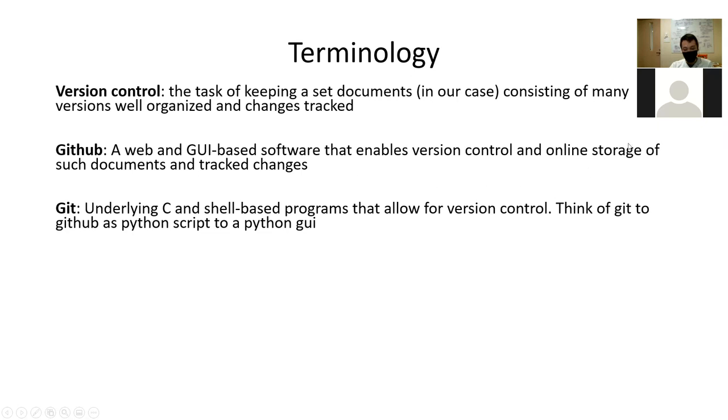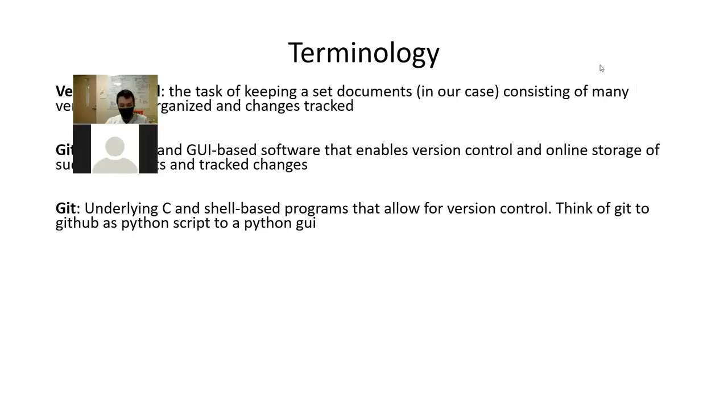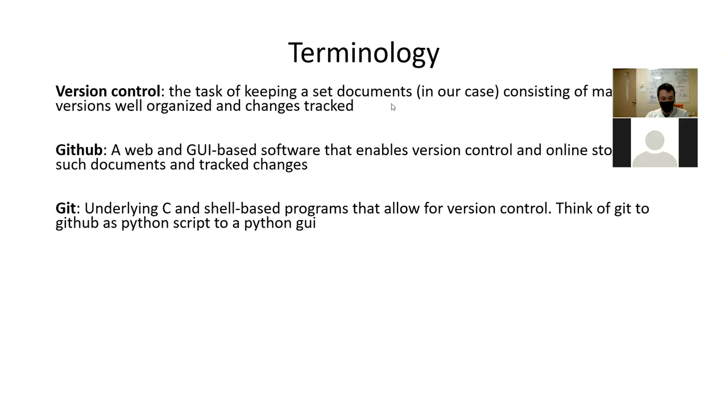So a kind of analogy here is that Git is to GitHub as a Python script is to a Python GUI. It's basically the code underlying the GUI that allows for the functionality.